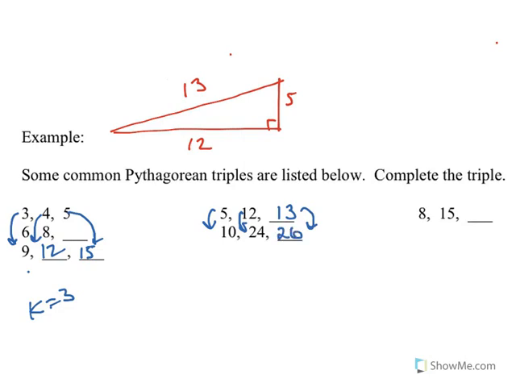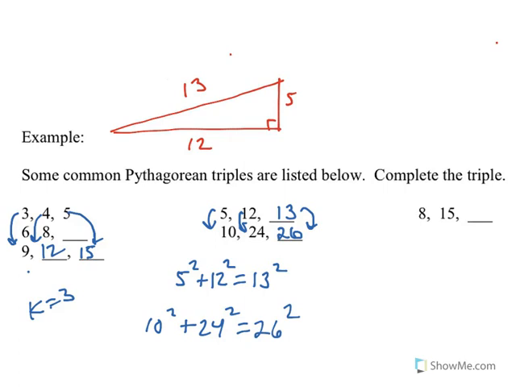And that's going to satisfy the Pythagorean theorem. So we can say that 5 squared plus 12 squared equals 13 squared. You could also say that 10 squared plus 24 squared equals 26 squared. Those are going to be Pythagorean triples.